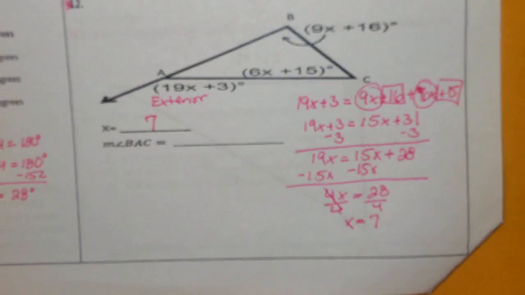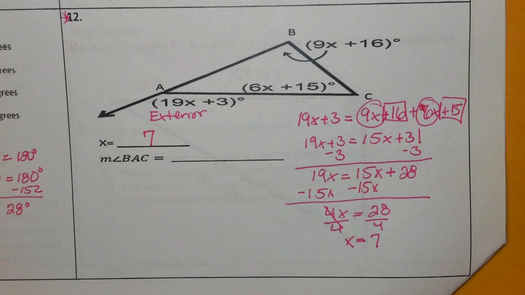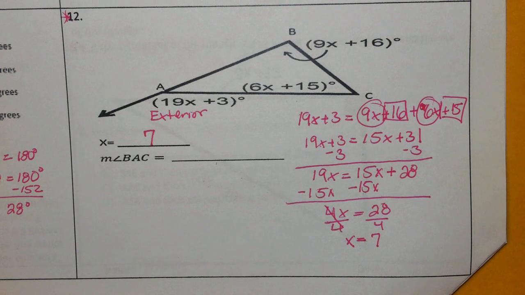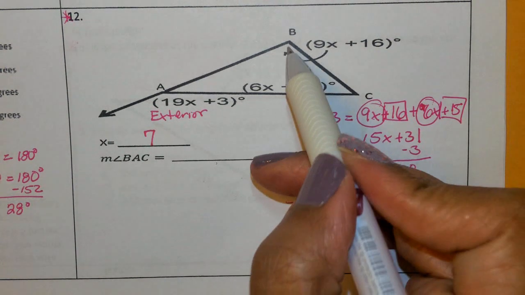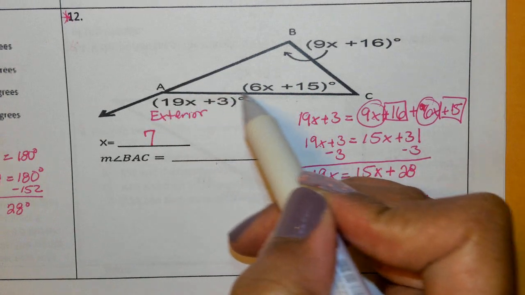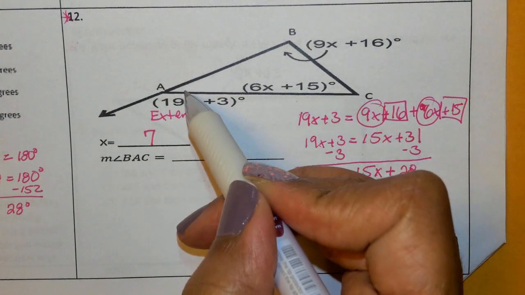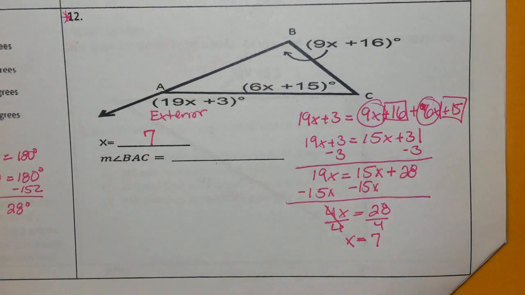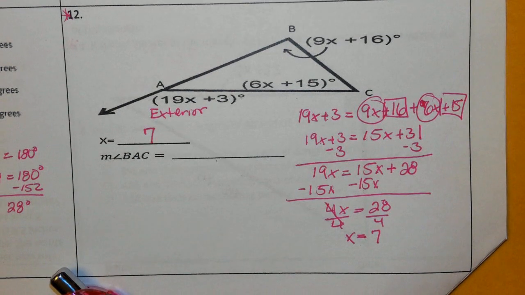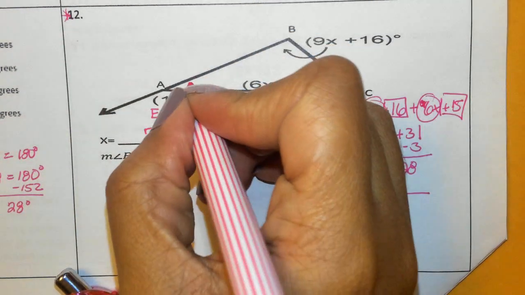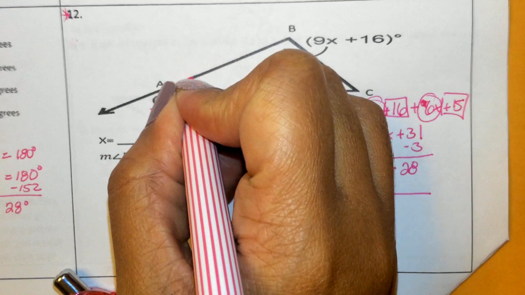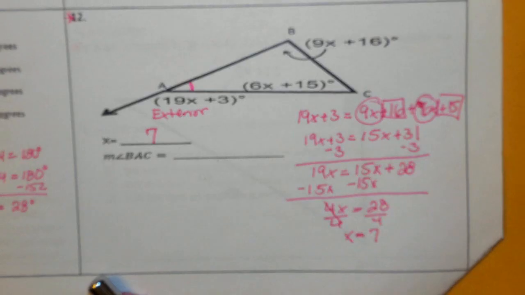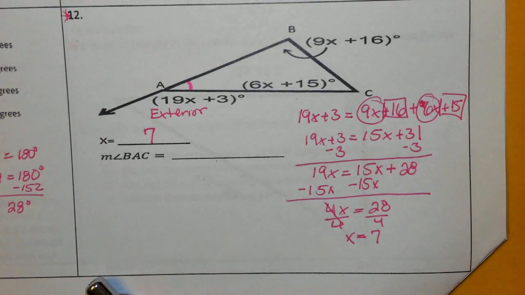Now, the next thing they ask us for is BAC. We have to look at our picture and we have to trace BAC. When we trace BAC, the most important letter is going to be A. So what we are looking for is this angle here. There are two ways in which you can answer this particular question.